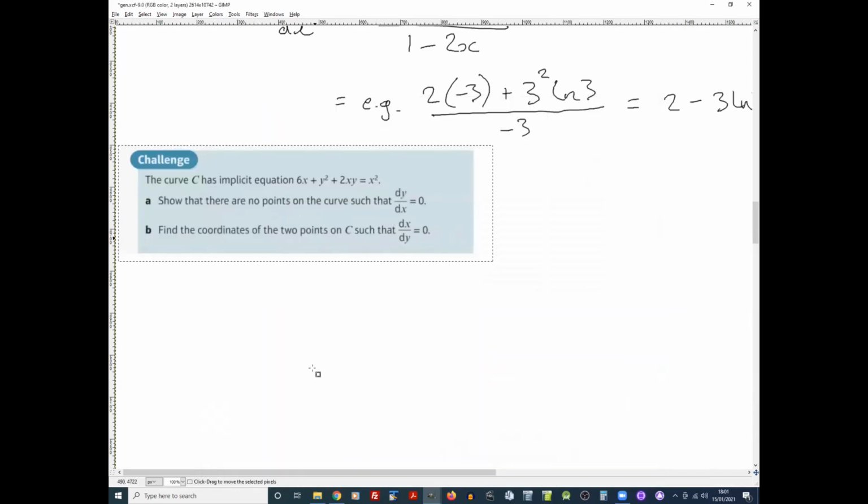Never mind. Right. So they are saying this is a challenge, but to me, so far, I don't know about A and B, but the equation there looks fairly normal for implicit differentiation. Yeah. So we'll go ahead and find dy dx, and then talk about dx dy.